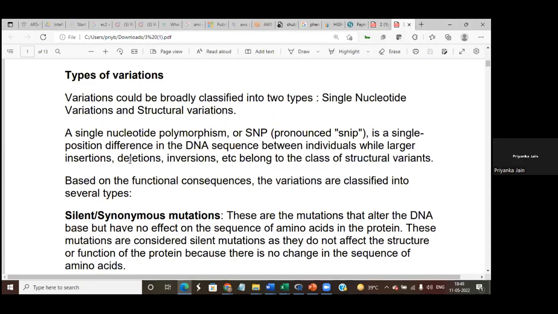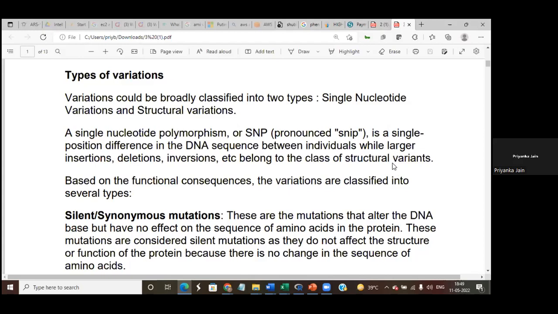This is a single position difference, while there can also be larger changes. A single change is an SNP, but there can be insertions and deletions, meaning a base gets added or a base gets deleted. There are inversions, meaning a reversal of the actual nucleotide sequence.